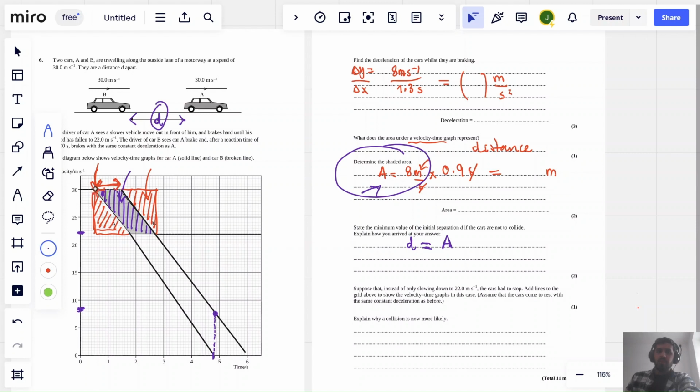So when car A started applying brakes at this point, car B was moving with some velocity. Because of this velocity, the distance between B and A will decrease. At the end, car A will stop before car B. As you can see, car B will stop at 6 seconds. So at the end, car B will again cover some extra distance compared to car A, right? So now the collision is more likely.